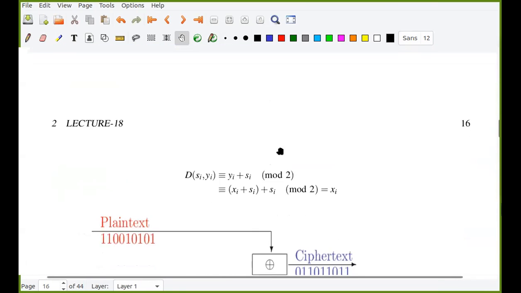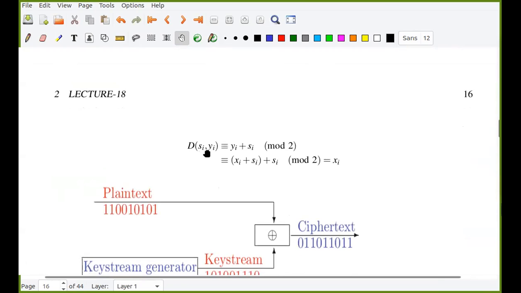The proof is very simple. What is d of si comma yi? It is yi plus si, but yi is xi plus si. So what is si plus si? If both are 0, 0 plus 0 is 0. If both are 1, 1 plus 1 is 0. So I get xi back. Is it clear?